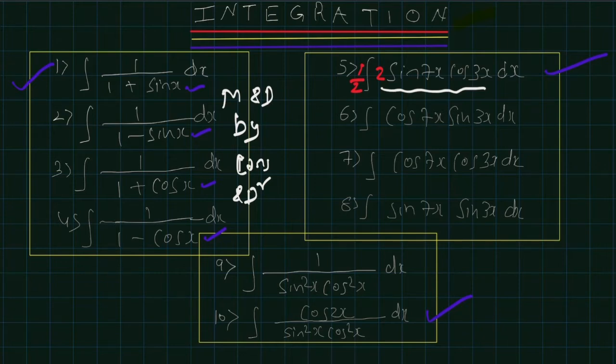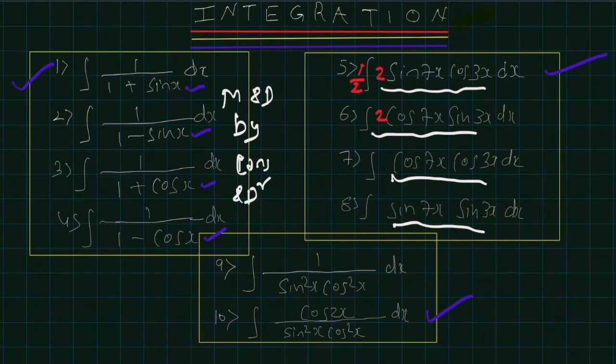That is what I call active recall. Just try to recall what 2 sin A cos B is. Some of you got it: 2 sin A cos B is sin(A plus B) plus sin(A minus B). So I'm going to use the same concept and multiply everywhere by 2. So we get something like 2 cos A sin B, 2 cos A cos B, or 2 sin A sin B, and then using this trigonometric formula, we solve this further.